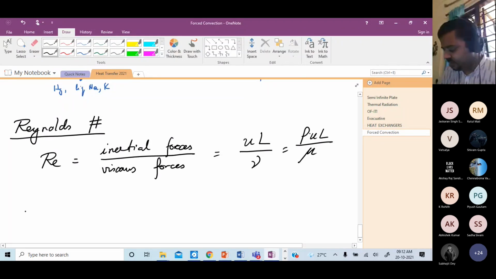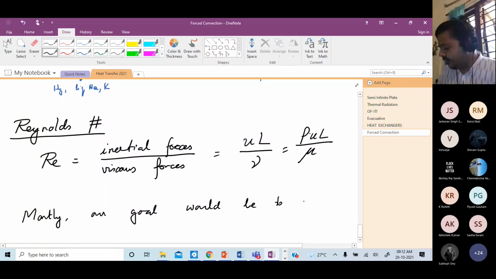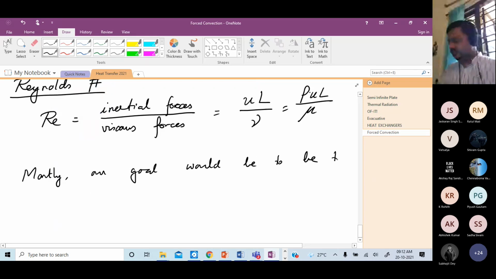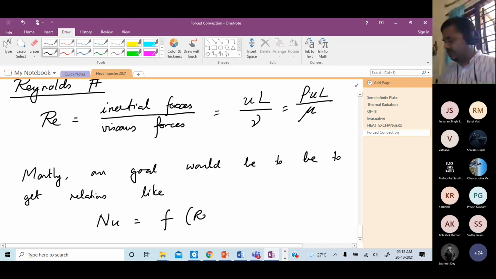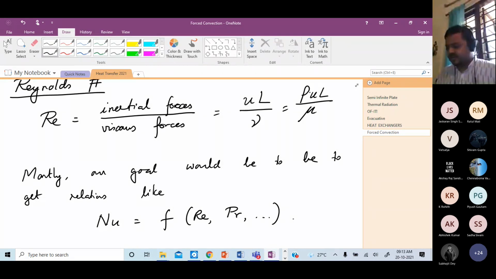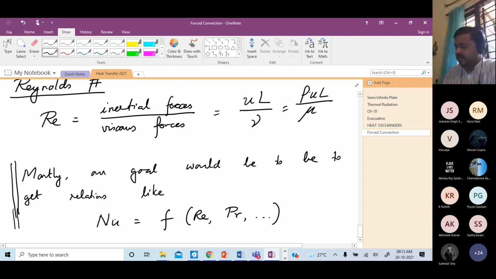And let me tell you that mostly our goal would be to get relations like Nusselt is a function of Reynolds and Prandtl, and maybe some other non-dimensional terms, which we will see. But this is mostly our goal.